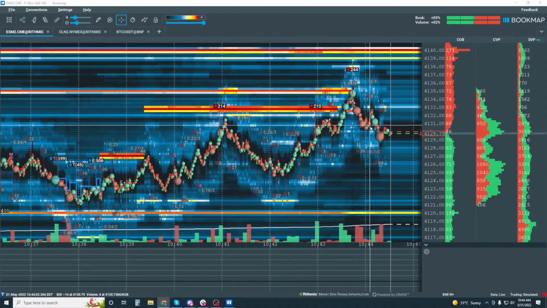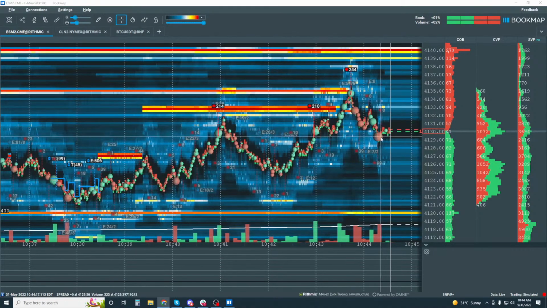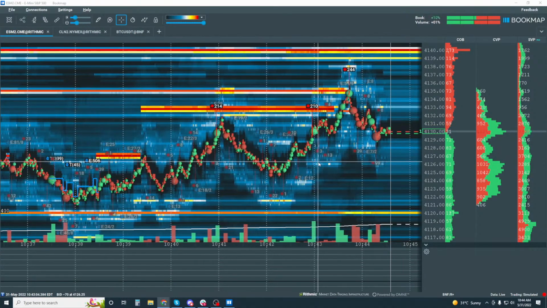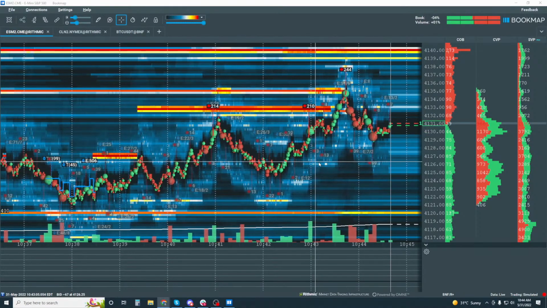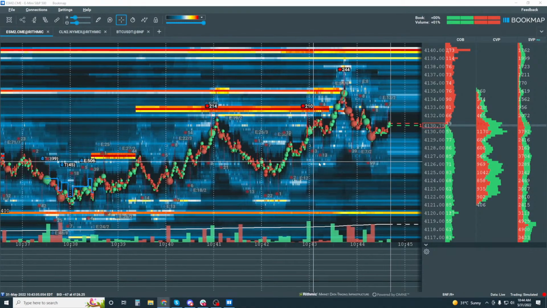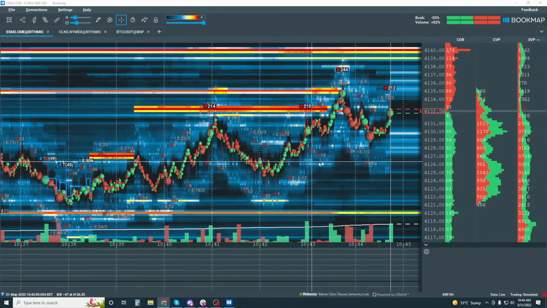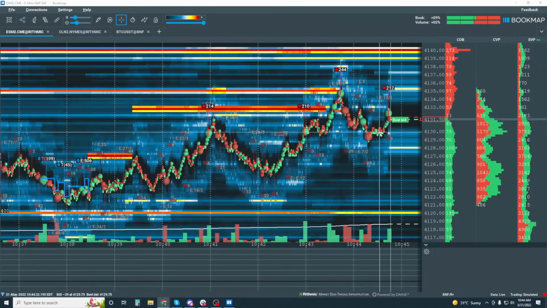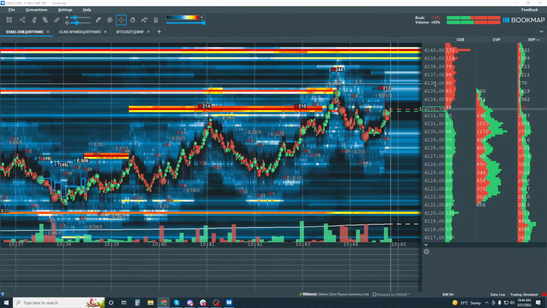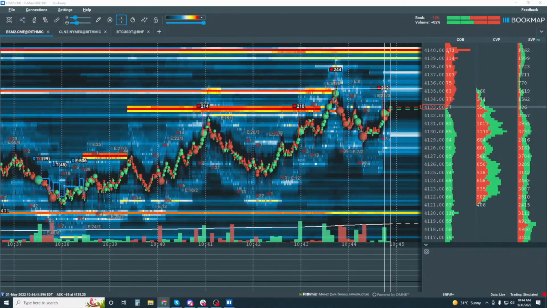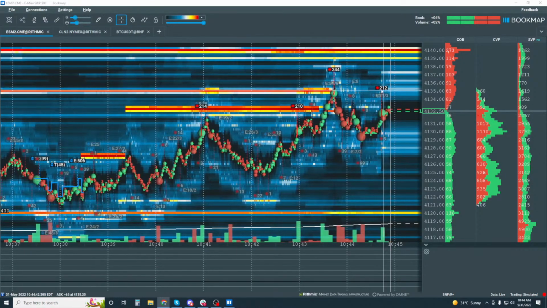We're below this pivot here. Just looking for the move down to here, 26, 27. No, can't do it. Another stop run to the upside here. Still finding stops.